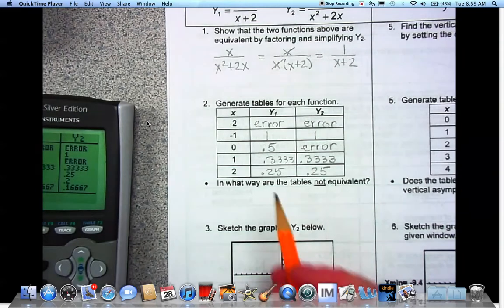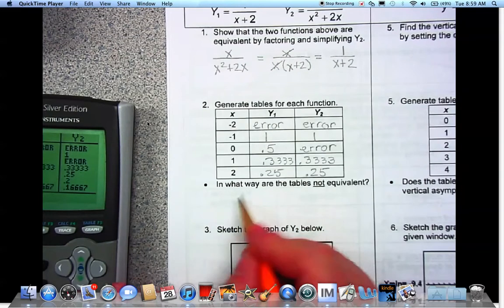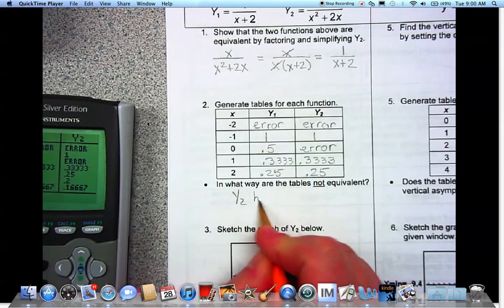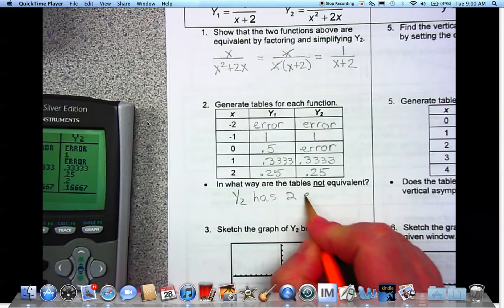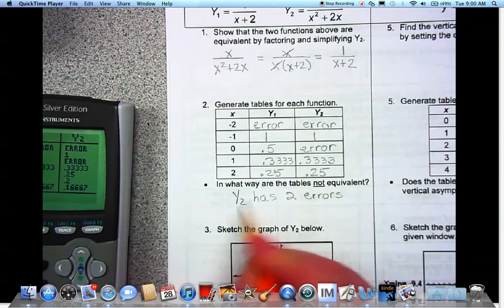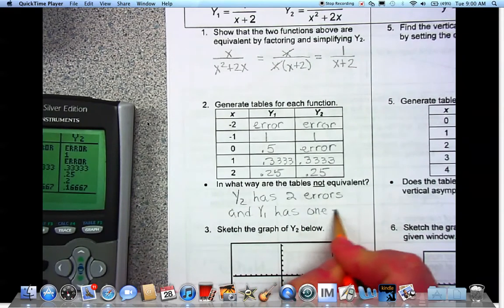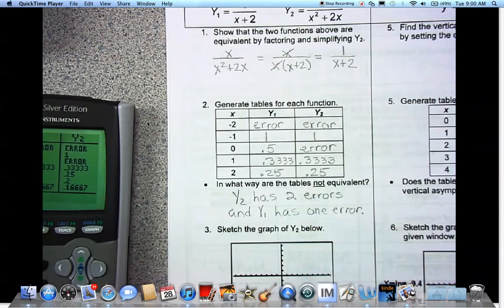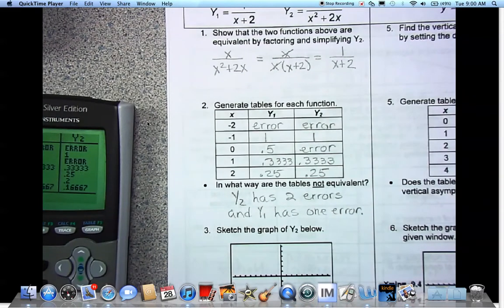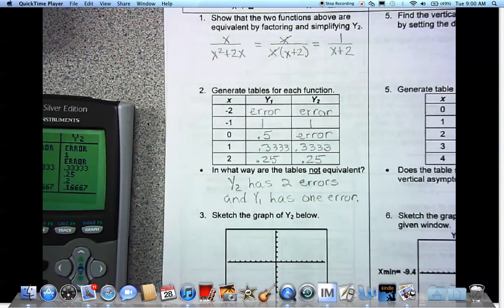So in what way are the tables not equivalent? y2 has 2 errors, and y1 has 1 error. Or we could have put at x equals 0, y1 is 0.5, and y2 is an error.